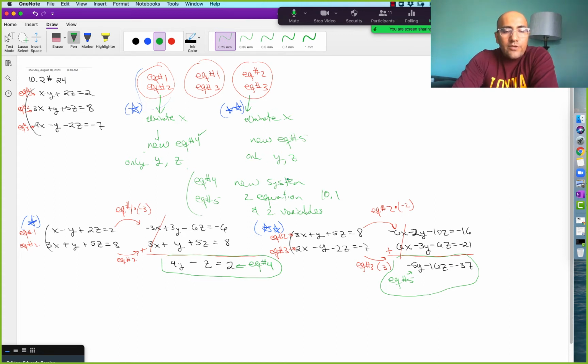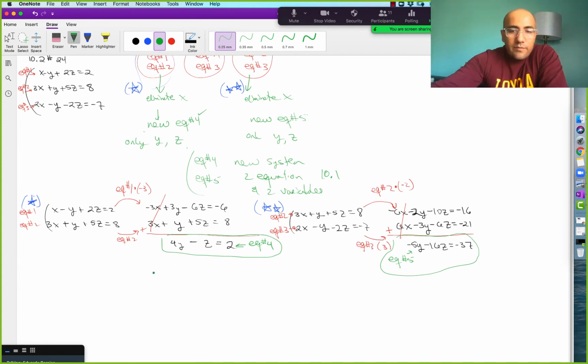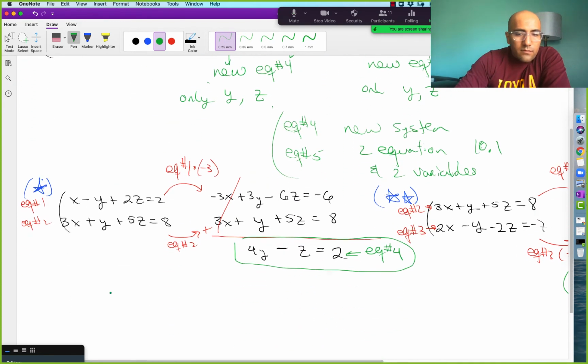We got a new equation that only has y's and z's in it. Now we can set up a new system of equations, which has equation number 4 and equation number 5 in it, and then we can eliminate one of the variables to solve for the other one. Okay, so let me put that over here.